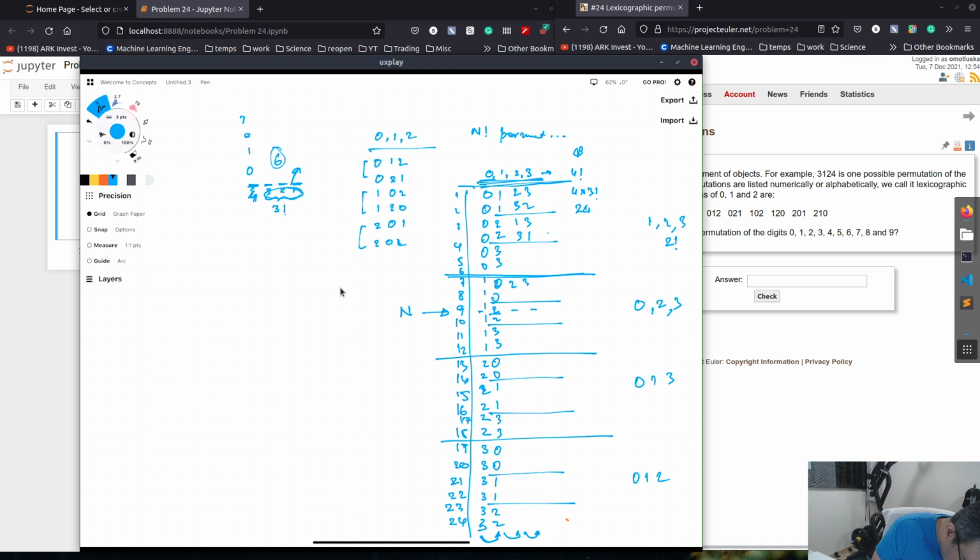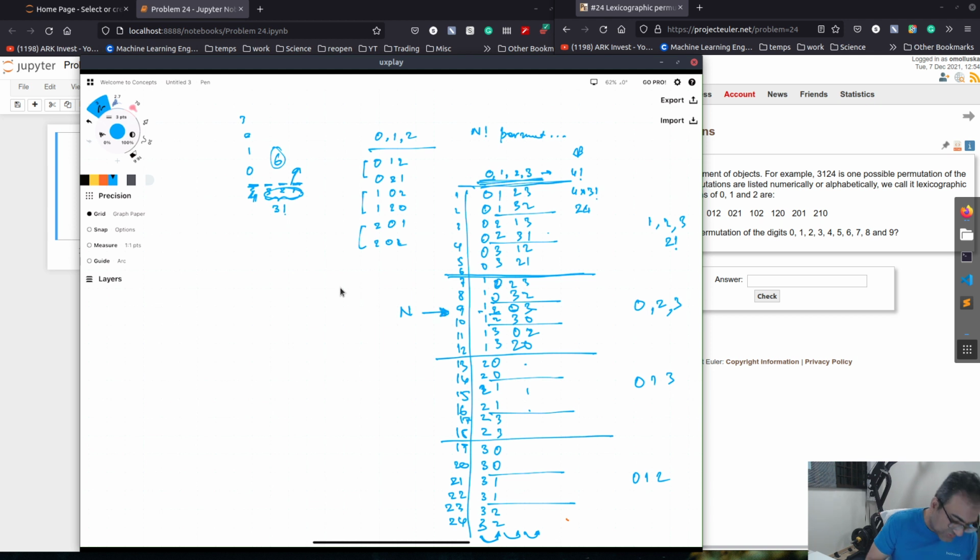Oh wait, we still have to solve this. This is 0 3, and 3 is taken, so it will be 1 2 and 2 1. Over here 1 and 0 is taken, so we have 2 3 and 3 2. Over here 1 and 2 is taken, so we have 0 3 and 3 0. Over here 1 and 3 is taken, so it will be 0 2 and 2 0, and we can fill the rest up. Okay, so we are concentrating on this.